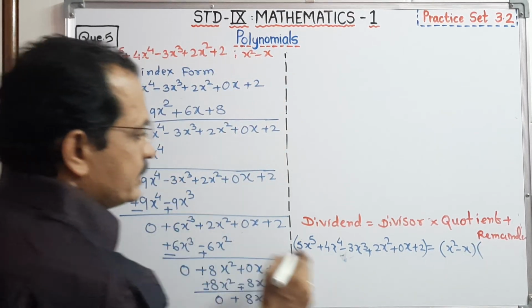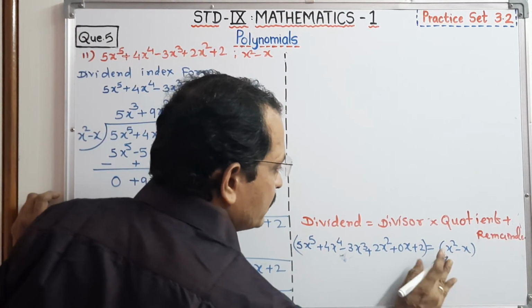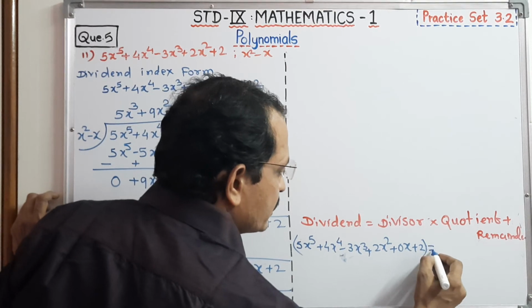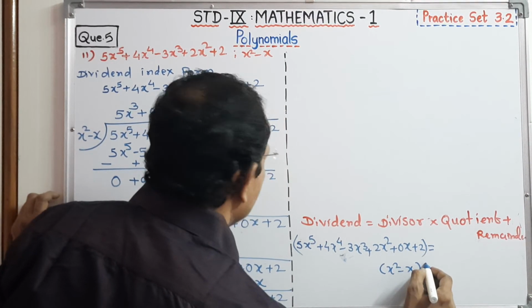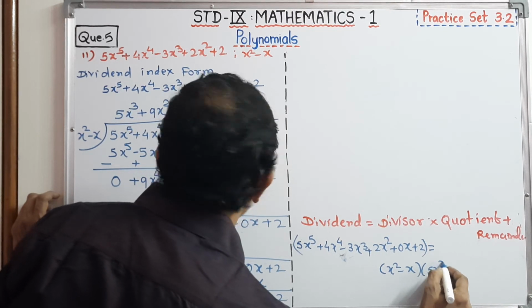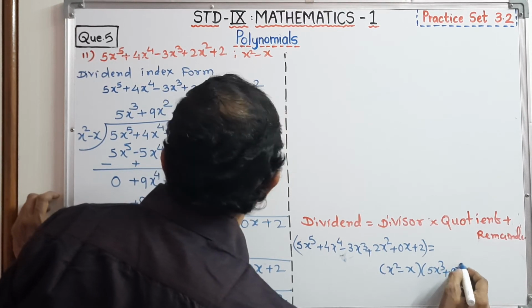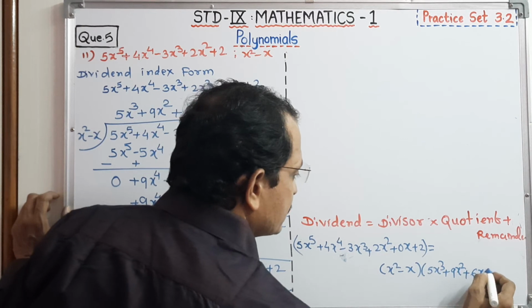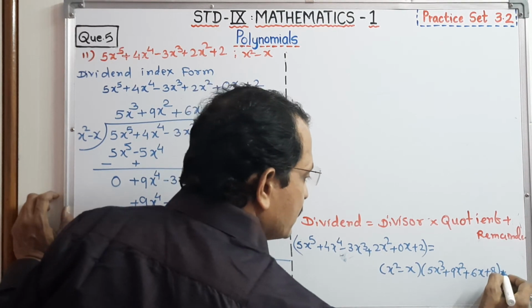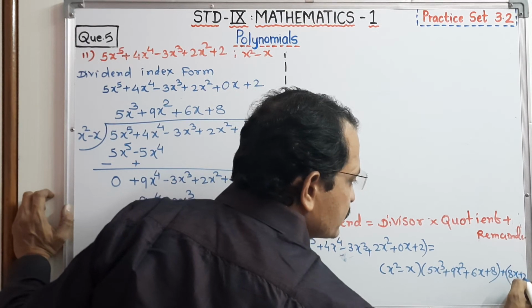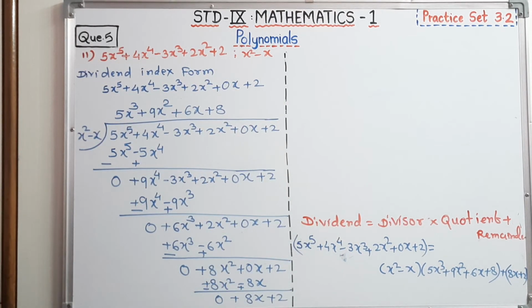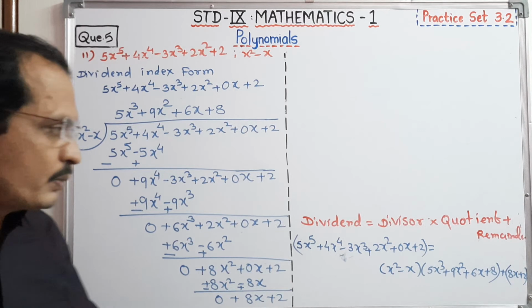Quotient is, I write here below, is equal to x square minus x into 5x cube plus 9x square plus 6x plus 8 plus what is remainder, 8x plus 2. Got it? This is our final answer.